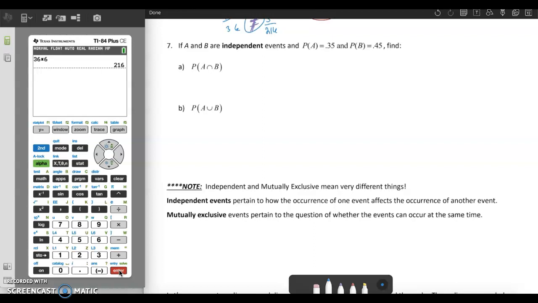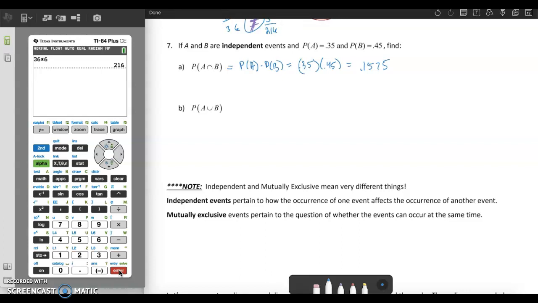Since we're given the information that they are independent, we can use the independence formula that the probability of the intersection should be the probability of A times the probability of B. So that would be 0.35 times 0.45, which works out to 0.1575.